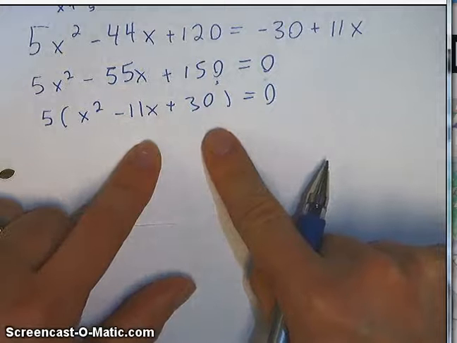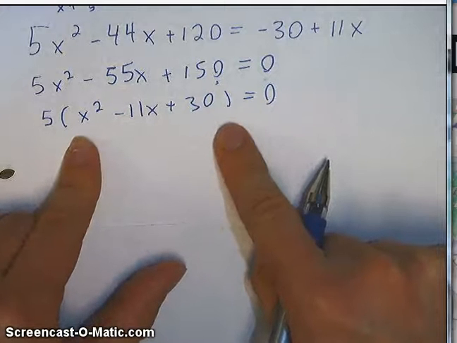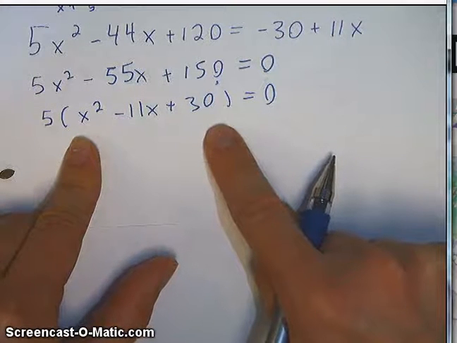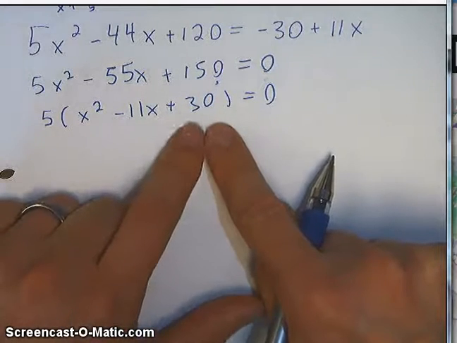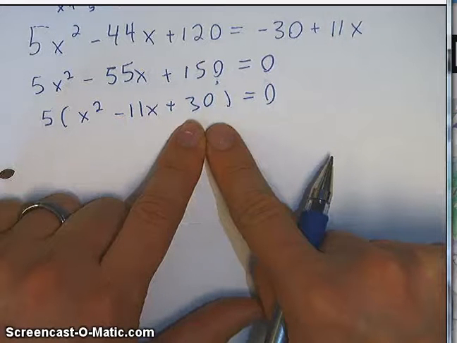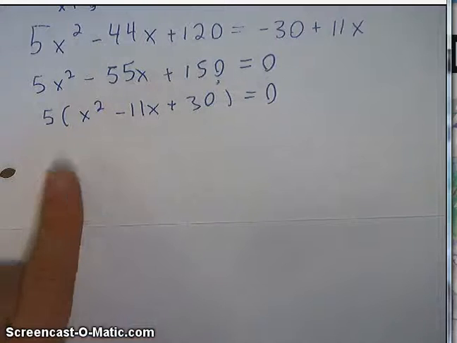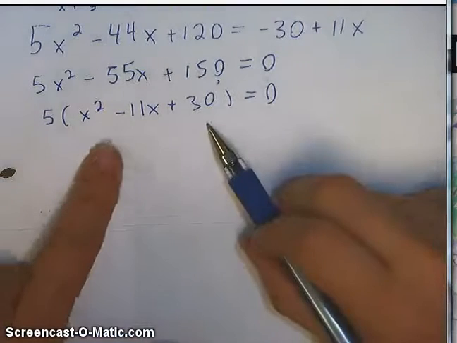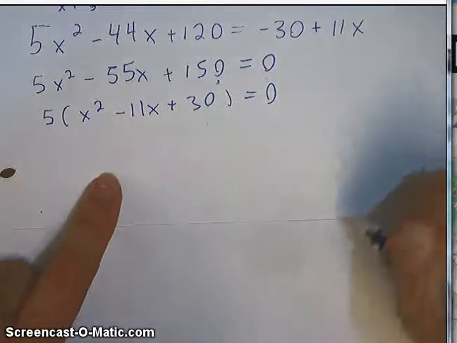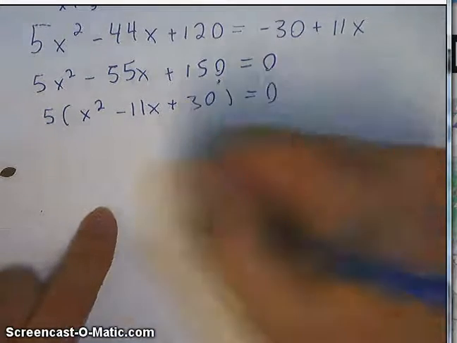So from here, my a is 1 and my c is 30. I'm simply looking for two numbers that multiply to 30, but also add to negative 11. Two numbers that multiply to 30 but add to negative 11 sounds like negative 5 and negative 6 to me.